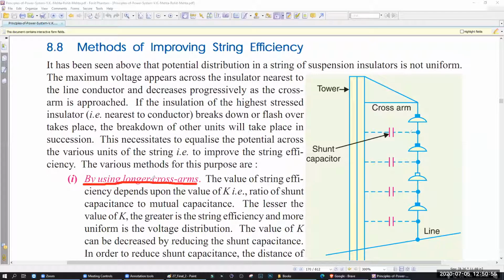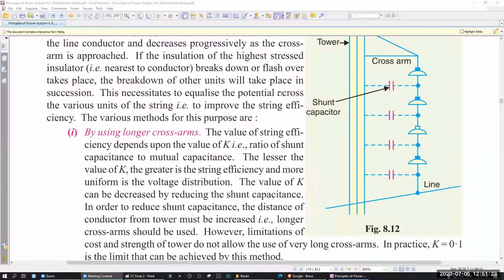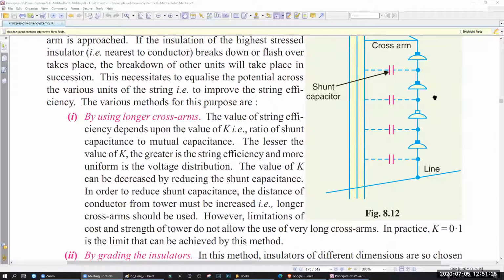See, the value of efficiency depends upon the value of K, the ratio of shunt capacitance and the mutual capacitance. The lesser the value of K, the greater the string efficiency and more uniform the voltage distribution. The value of K can be decreased by reducing the shunt capacitance, that means C1. If you reduce the C1, the value of K will be reduced, so the efficiency will increase. Understand? So you have to use a longer cross arm.